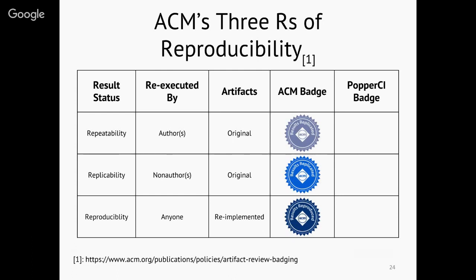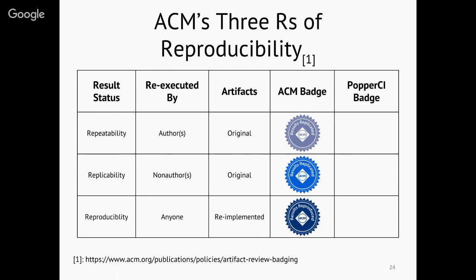The Association for Computing Machinery released about 6 months ago a policy on artifact and results badging, and they have different terms for what it means to repeat, replicate, or reproduce a result.